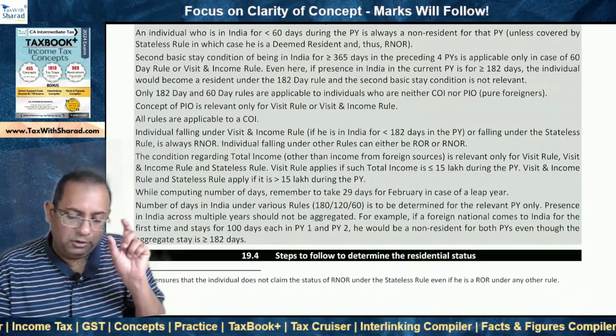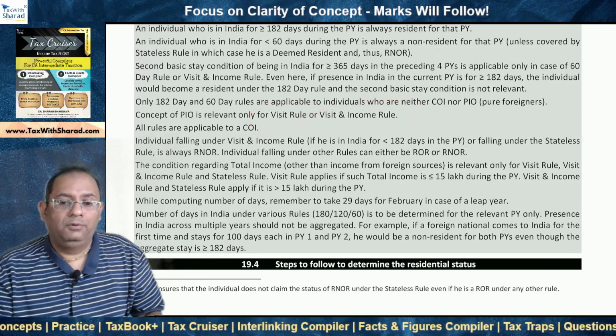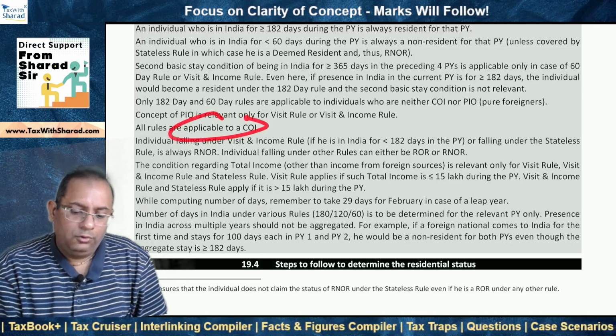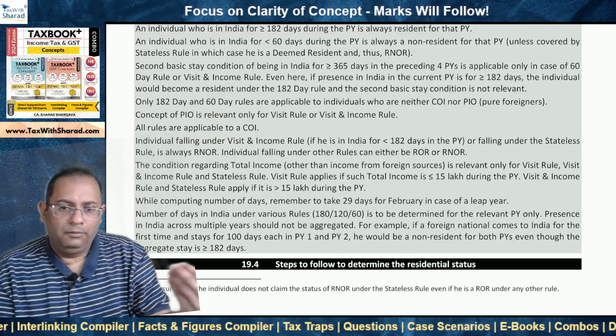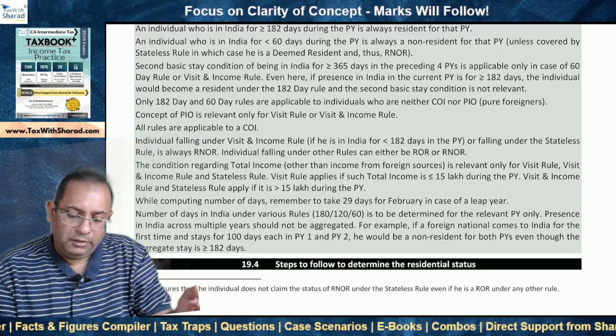So the concept of PIO specifically is relevant only to visit rule or visit and income rule. All rules are applicable to a citizen of India, whether it's special rules, a general rule, or a stateless rule.